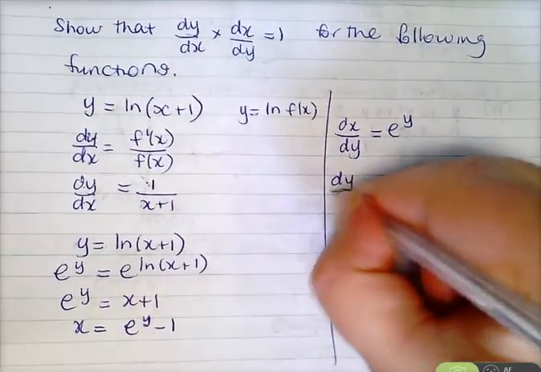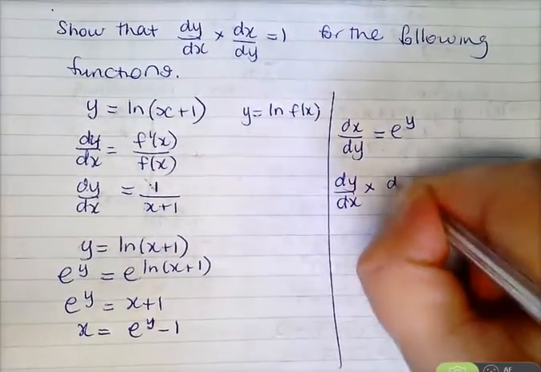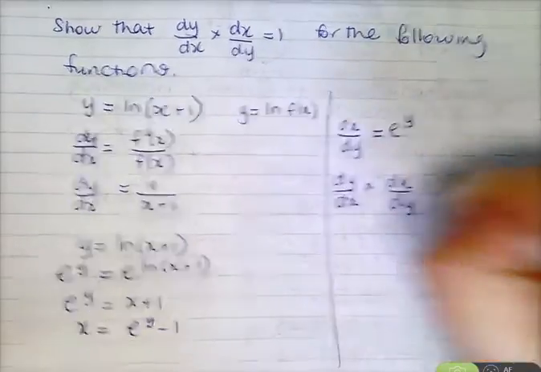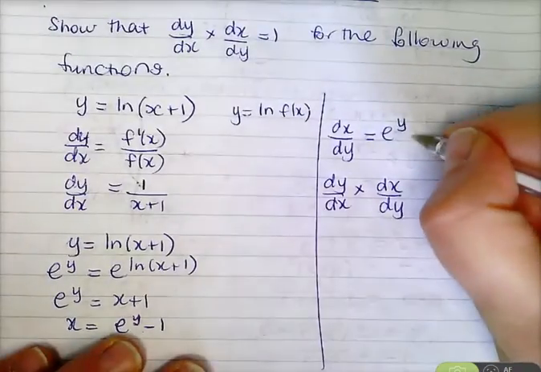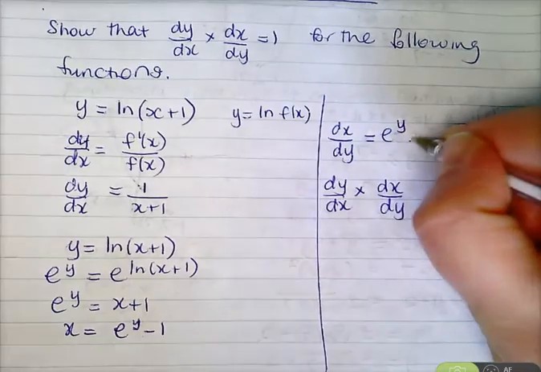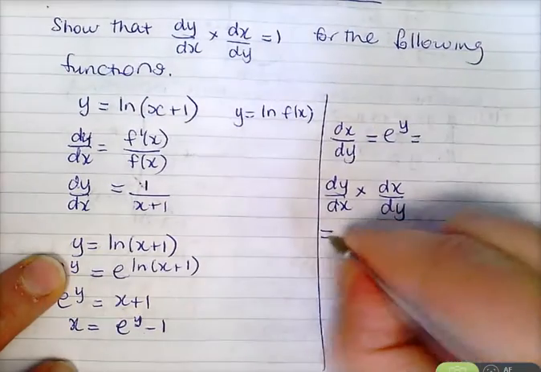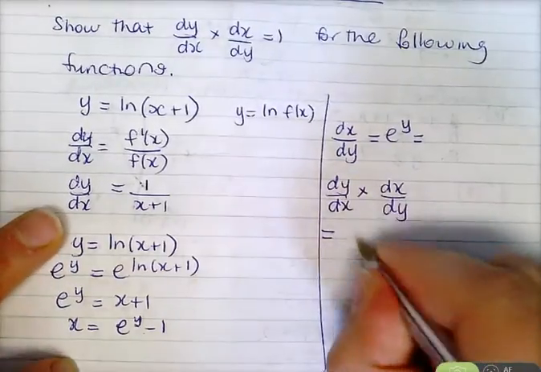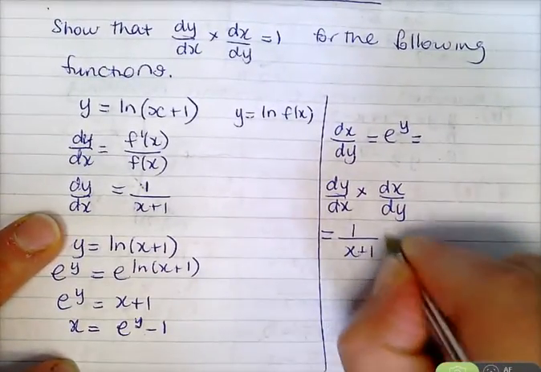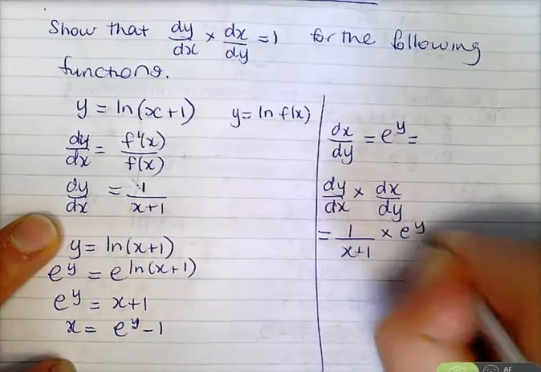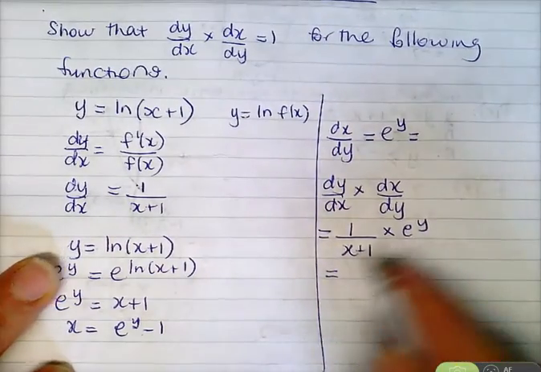So now we can look at dy/dx times dx/dy. Now with this e to the y, we're going to write that in terms of x, and you'll see why I'm going to do that down here. So dy/dx is 1 over x plus 1 times dx/dy is e to the y, obviously I really can't do much there.